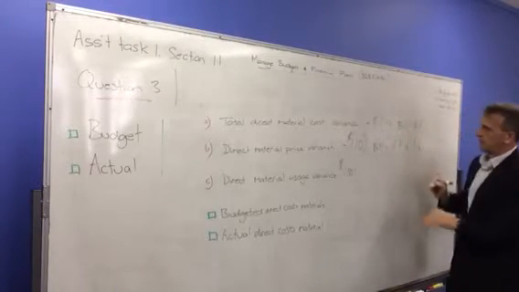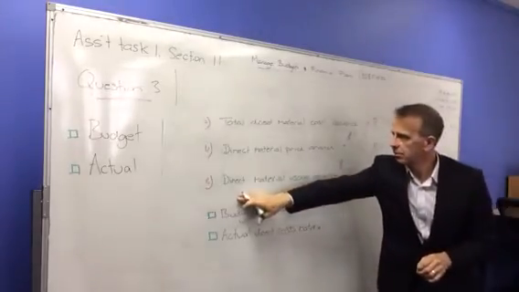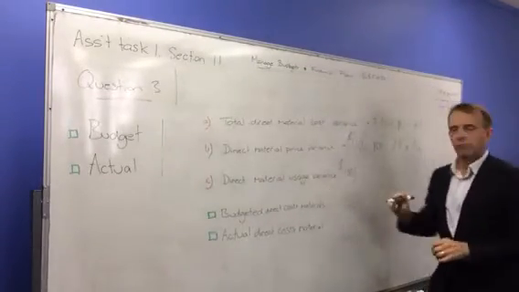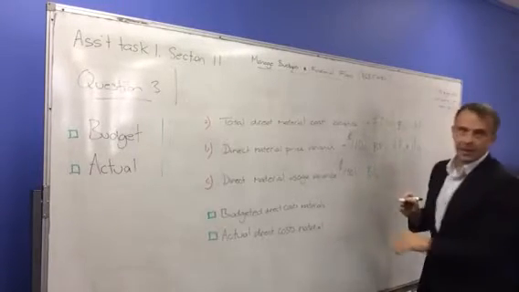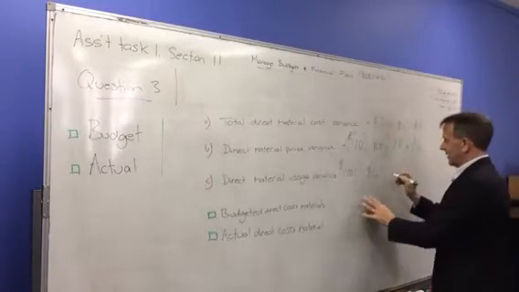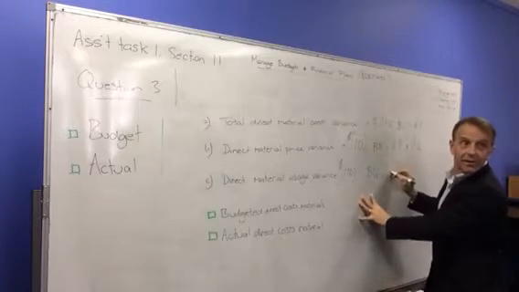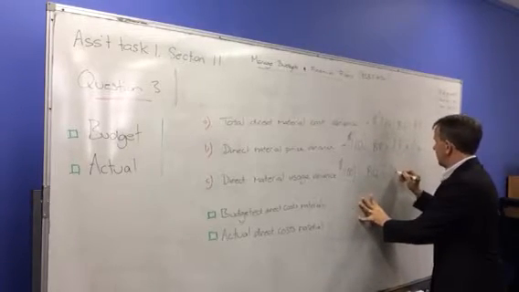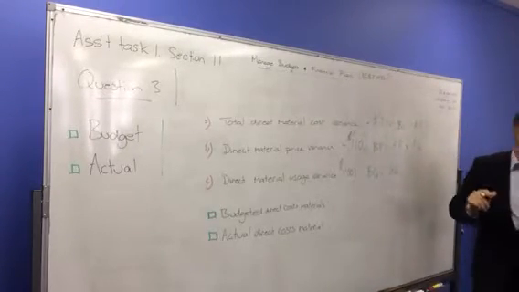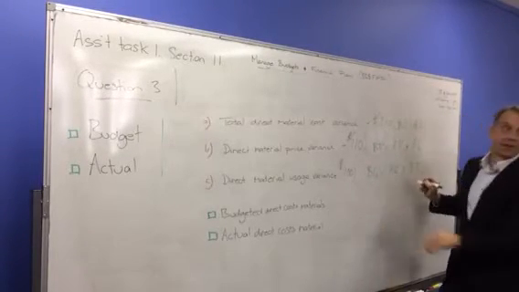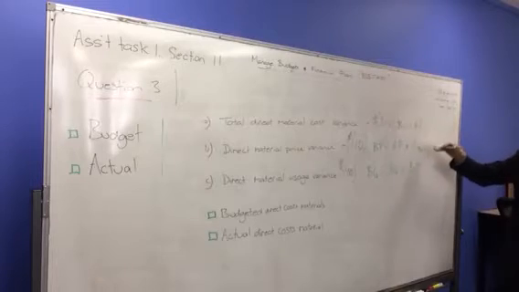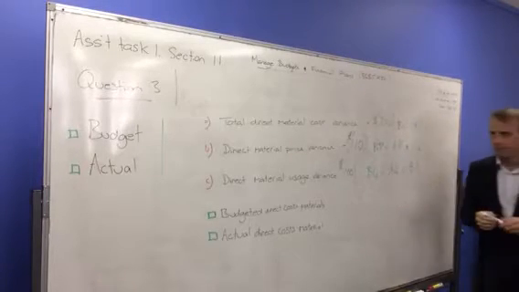And in C, direct material usage variance, we've got the budgeted quantity, which was the 100, minus the actual quantity, and we would multiply that by the budgeted price. So there are the formulas for working these calculations out.